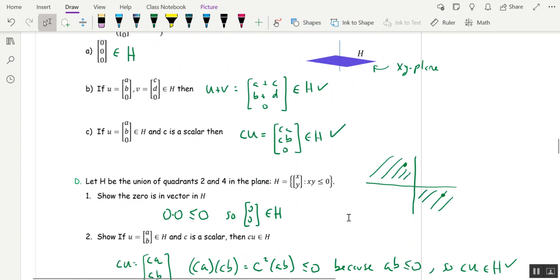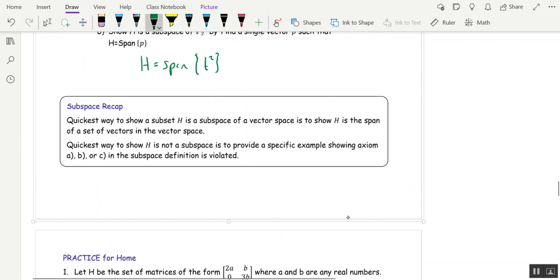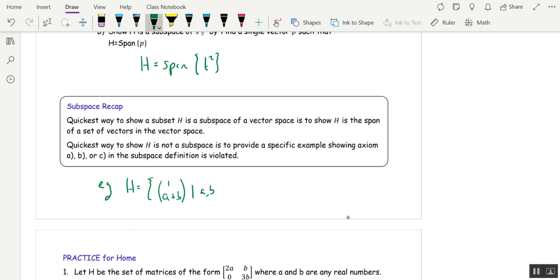So I'll just do one more quick example with you. Let's look at the set of vectors. Let's let H equal the set of vectors in R2 of the form (1, A plus B) such that A and B are real numbers.